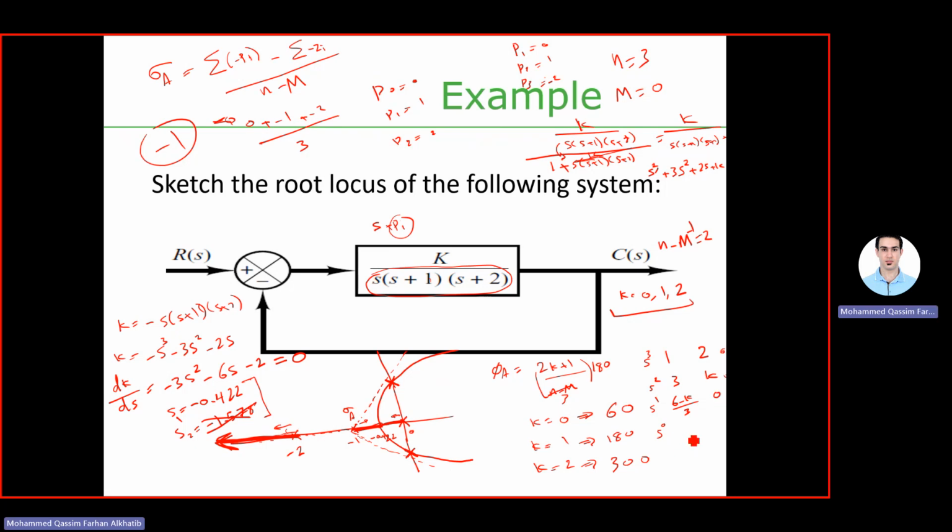Now what will be the value here? To have the system stable, what is my condition? I'll have (6 minus K) over 3 larger than 0, so what will be the value of K?